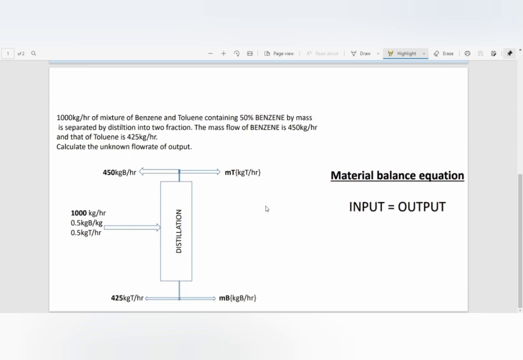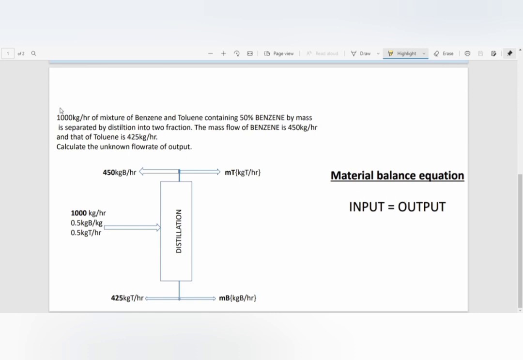The overall mass flow rate is given as 1000 kg per hour, with the mass fractions of benzene and toluene of 0.5 each. B means benzene, T means toluene.